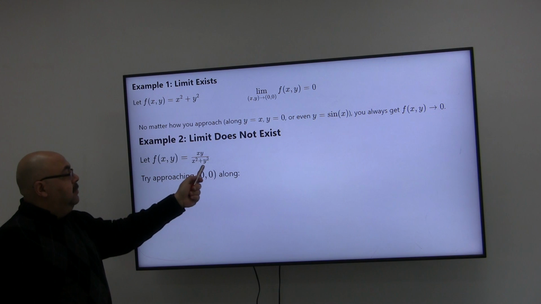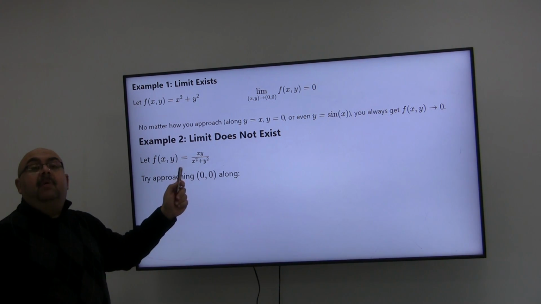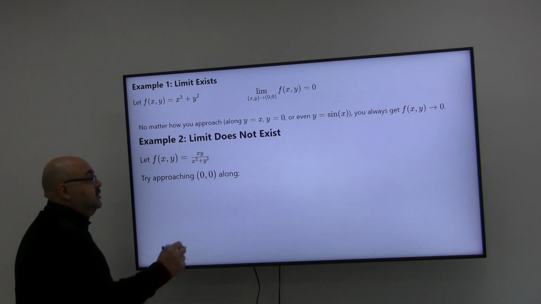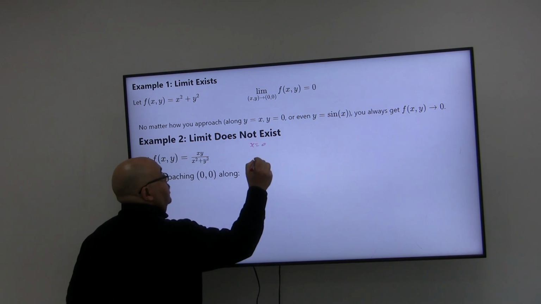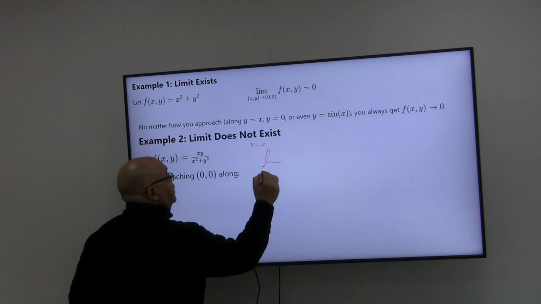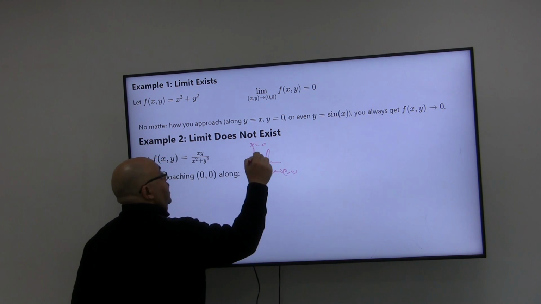x y over x squared plus y squared. Miss Seda, let's try the y-axis. What's the equation of the y-axis? So I'm trying to get the limit as x, y tends to the origin, but through this path.